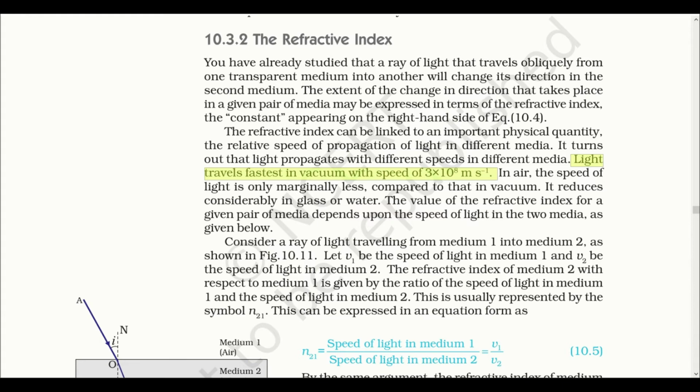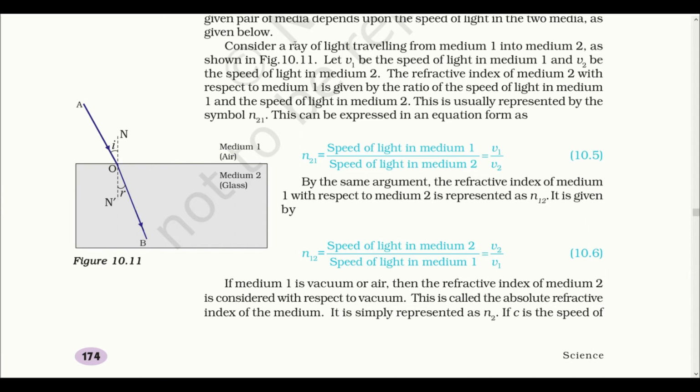The value of the refractive index for a given pair of media depends upon the speed of light in the two media as given below. Consider a ray of light traveling from medium 1 into medium 2. Let V1 be the speed of light in medium 1 and V2 be the speed of light in medium 2. The refractive index of medium 2 with respect to medium 1 is given by the ratio of the speed of light in medium 1 and the speed of light in medium 2.